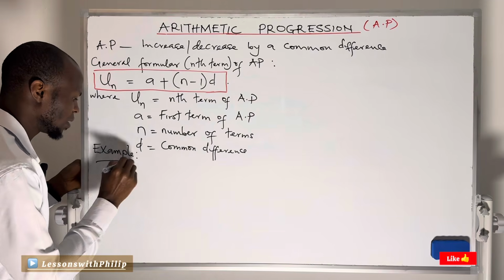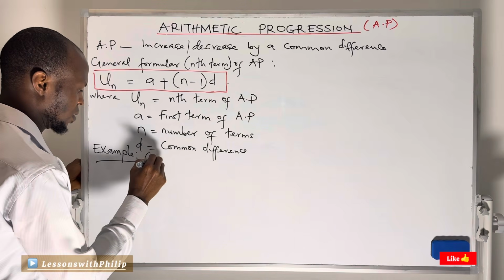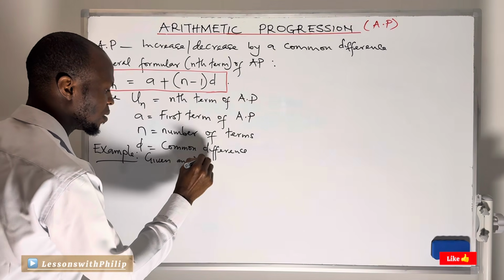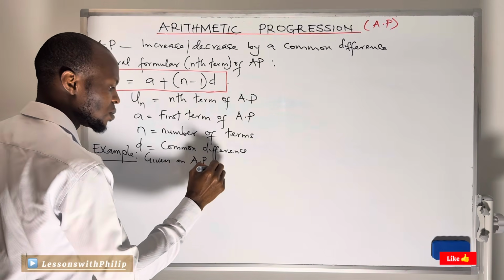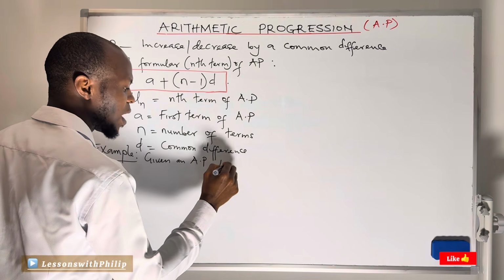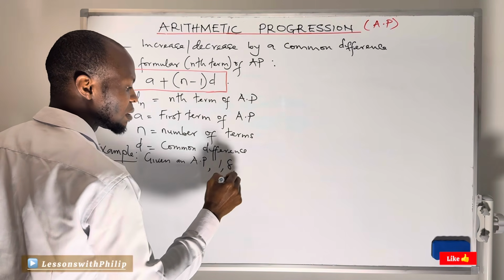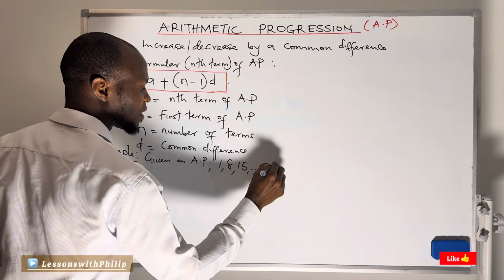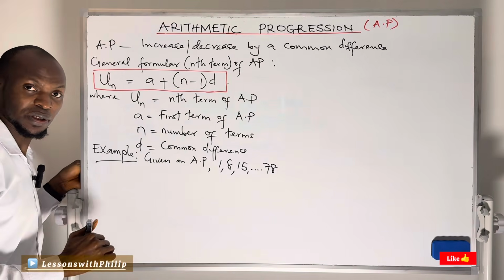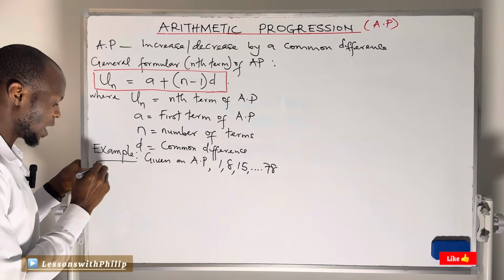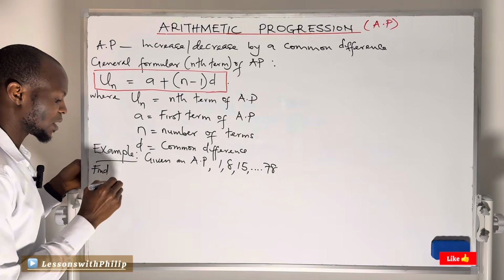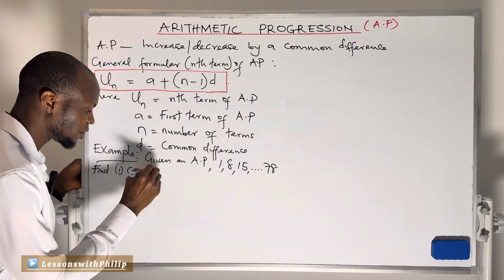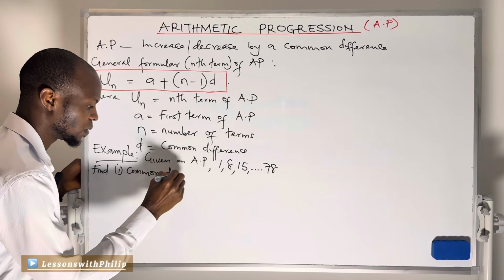If I'm given an AP of, let's say, 1, 8, 15, and 78. This is a sequence which is an AP, and I'm asked to find the common difference of the AP.